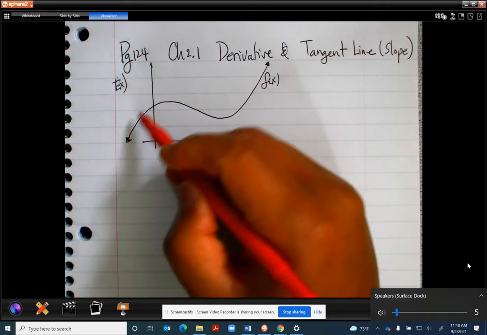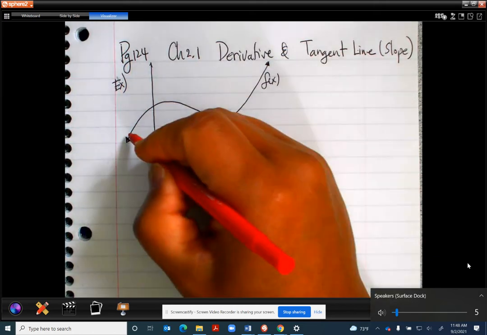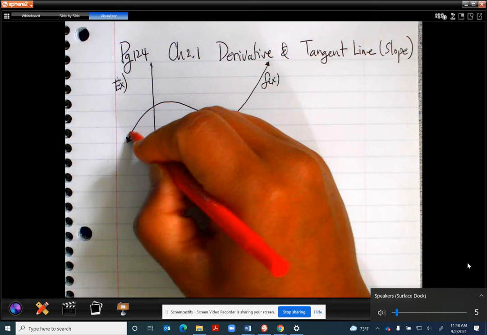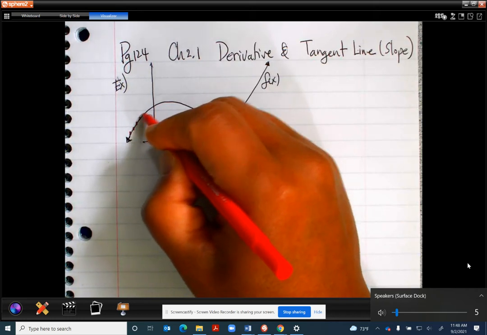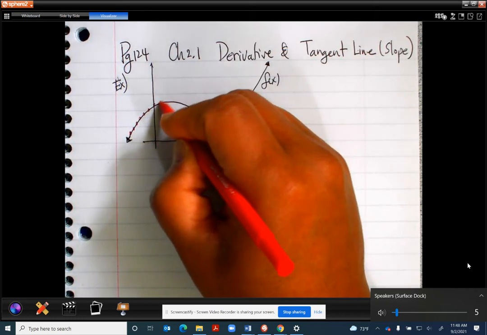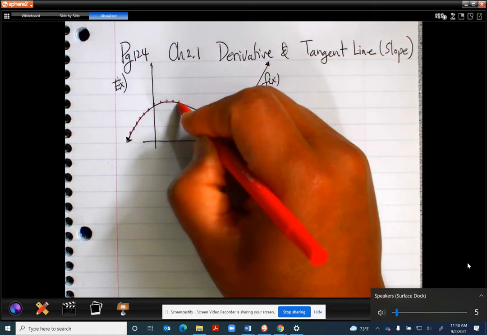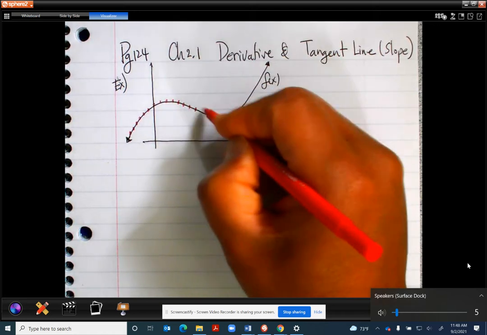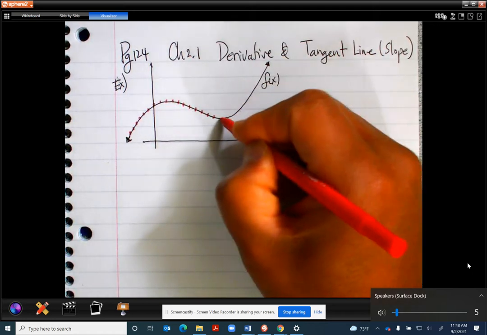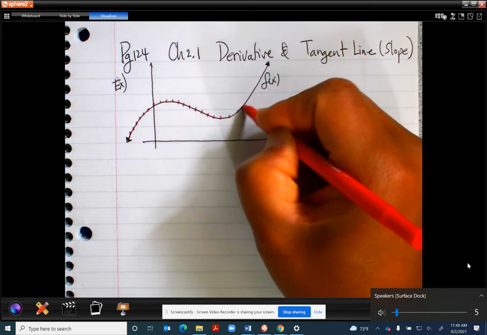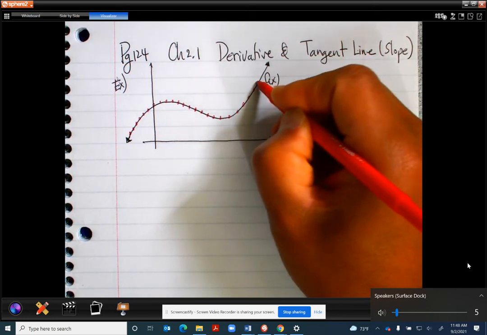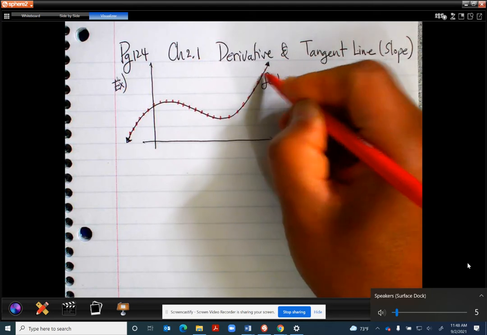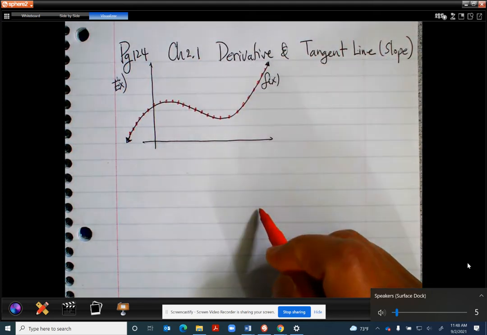Now, along this curve, you have many points. Right? We have a whole bunch of ordered pairs along the curve. All right, depending on where you have your points, you have different tangent lines.